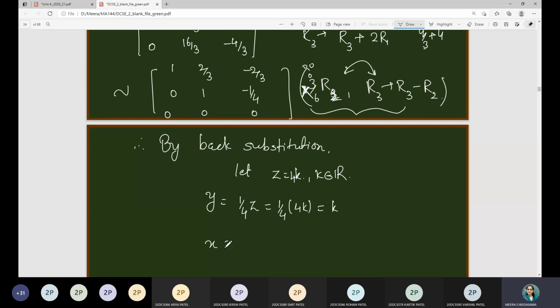And in that case, x can be minus 2/3y plus 2/3z. So this one will be 2/3, y is k, plus 2/3, this is with the negative sign, z is 4k. So 2/3 I can take common, 4k minus k, that is 3k, 3 gets cancelled, so this will be 2k, right?